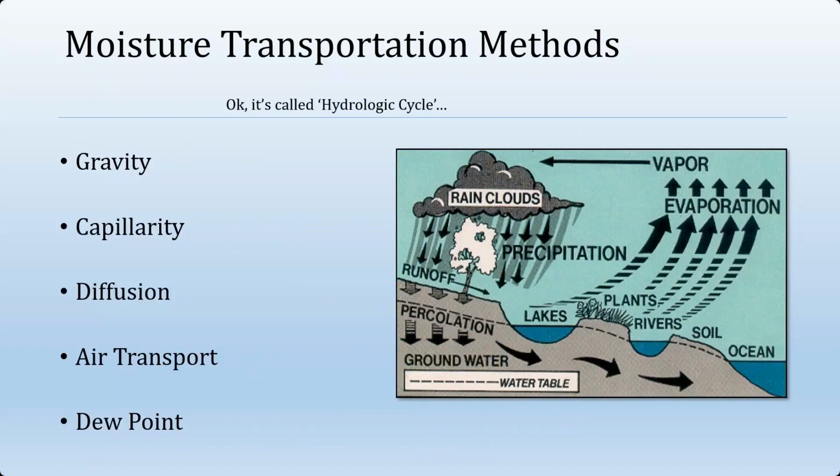So we begin with the moisture transportation methods, referred to as the hydrologic cycle. Gravity is certainly what it is, and as we move to moisture movement, capillarity is that action of water transfer, bulk water transfer through capillary means, where two surfaces are in intimate contact with each other.